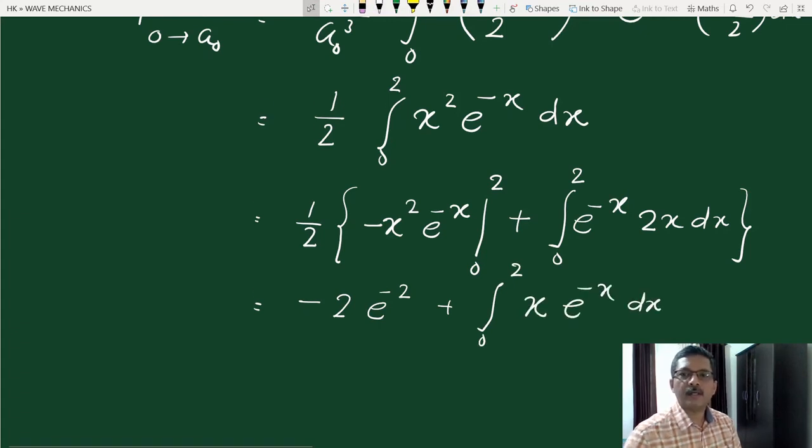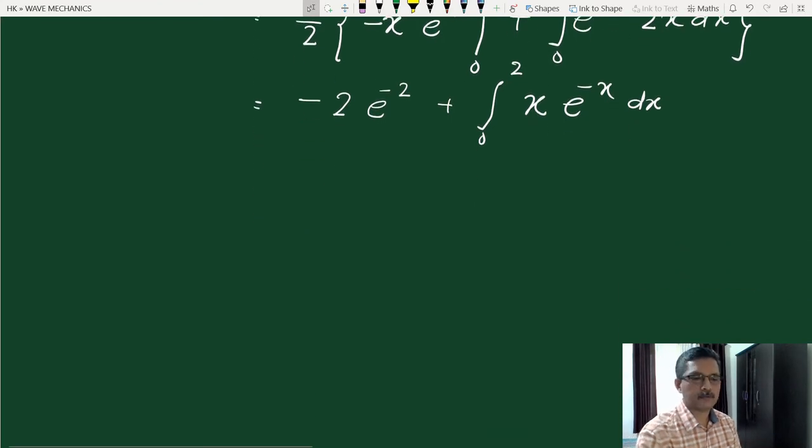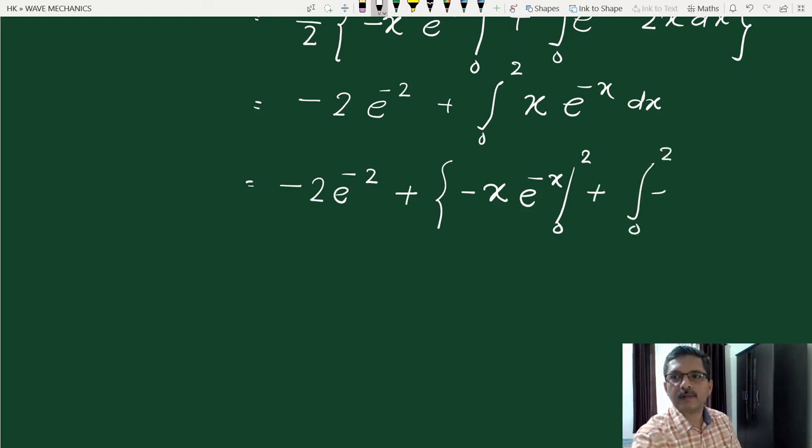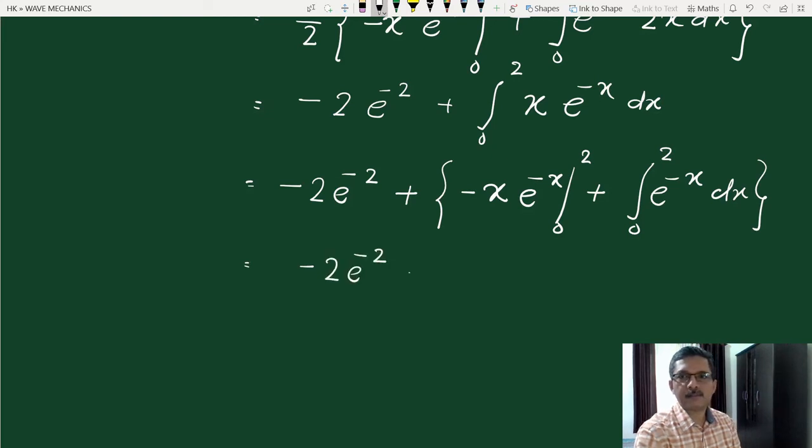Again we can do integration by parts to the second integral. So minus 2 e raised to minus 2 plus uv minus integral v du. Again e raised to minus x, du is dx. Opening the brackets, we have minus 2 e raised to minus 2.